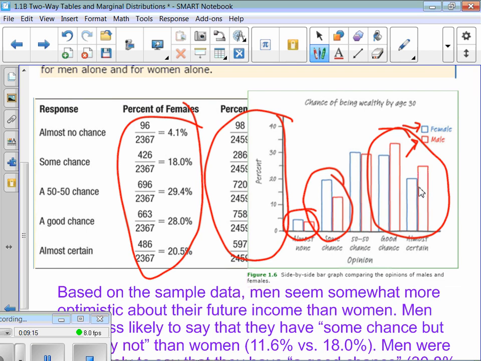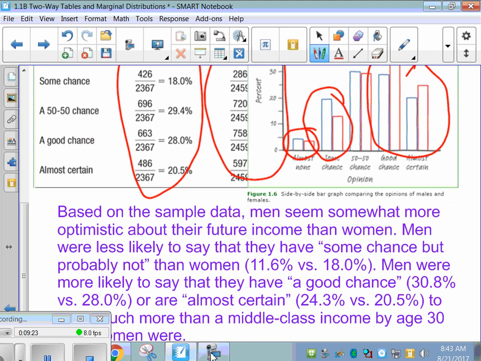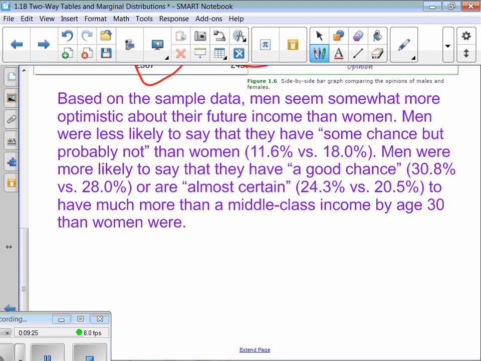So in stats, if there's something interesting to be found, that's usually where we're looking to separate out the data, all right? So based on the sample data, you guys will have to write some sentences explaining what you gathered from separating it out that way. So men seem somewhat more optimistic about their future income than women, right?